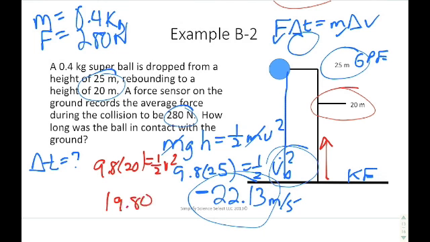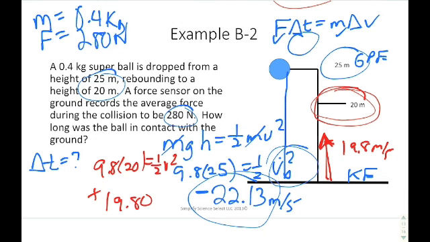So that right there is a positive value. And people say, wait a second, we just did a negative value. Remember, the height of 20 meters that it goes to, it's moving up that direction. So the ball is moving a positive 19.8 meters per second as it moves up to a height of 20 meters. So now we have our change in velocity.